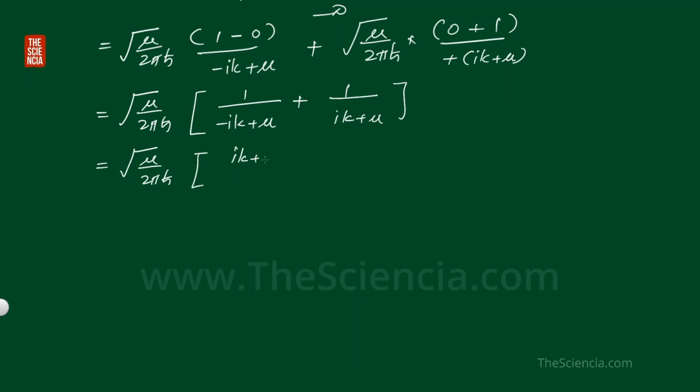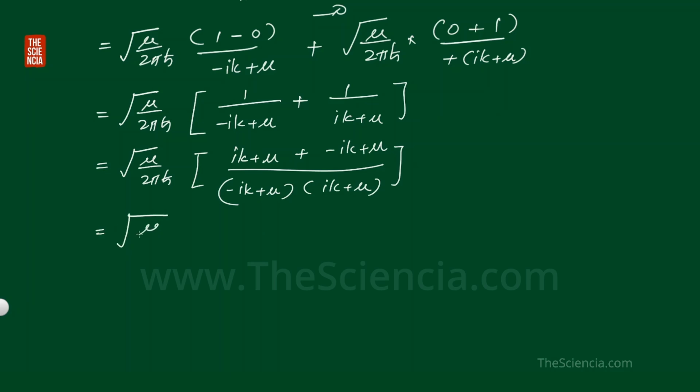So we can cross multiply and expand. That is root mu by 2 pi h cross into ik plus mu plus minus ik plus mu, divided by minus ik plus mu into ik plus mu. Here the ik and ik cancel, so we get 2 mu.